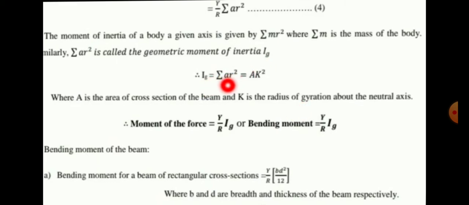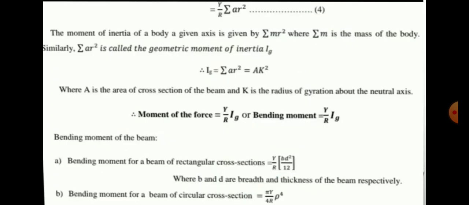Ig is equal to summation of A r square, that is given as A k square, where A is the area of cross section of the beam, k is the radius of gyration about the neutral axis. Therefore, the moment of the force, or bending moment, is equal to Y by R into Ig.